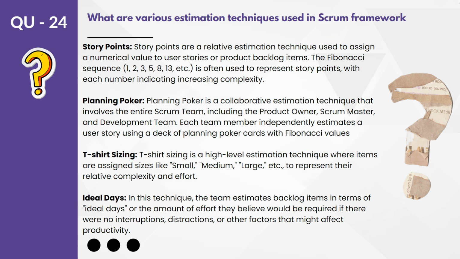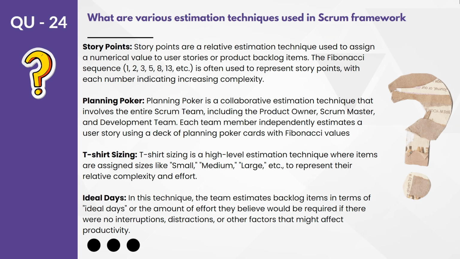Estimation technique means we have a story and we are trying to understand how easy or complex that story is, or in other words, how much time it takes for the system to complete it. A story point is maintained in a Fibonacci sequence. You have a set of stories, you take one story and give one number to that particular story. It can be 3 or 5.